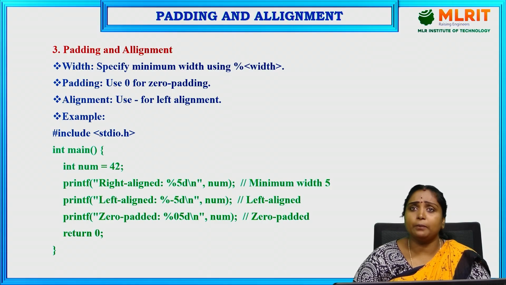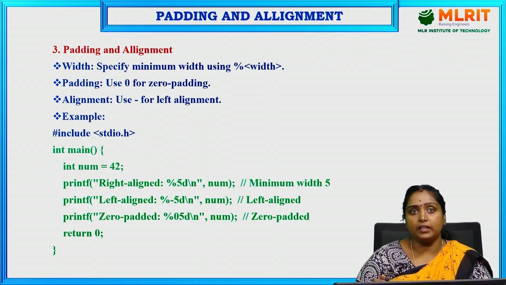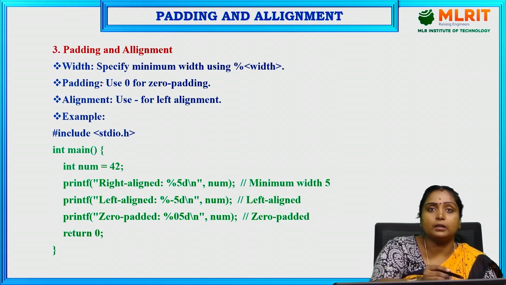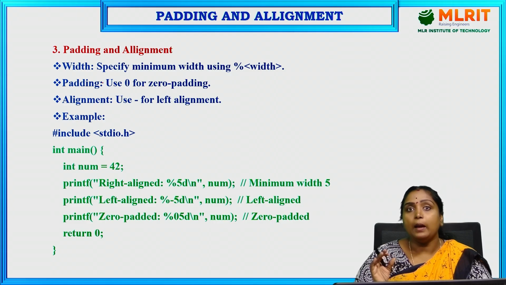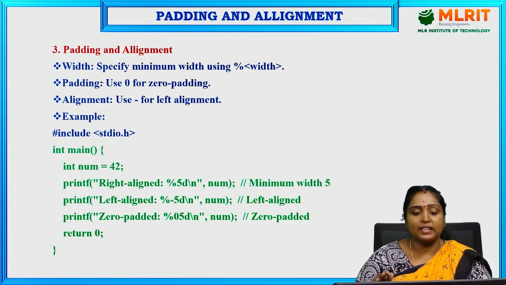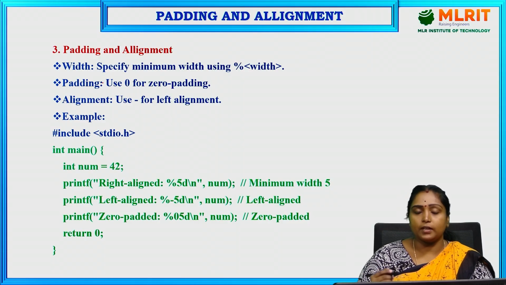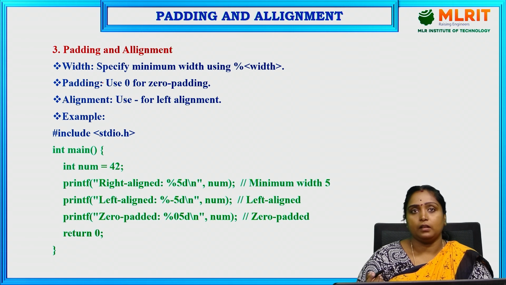Coming to the third one, padding and alignment, which is used to specify the width, padding, as well as alignment. Width is nothing but specifying the minimum width. If I want to give 5 spaces, then it is right aligned.